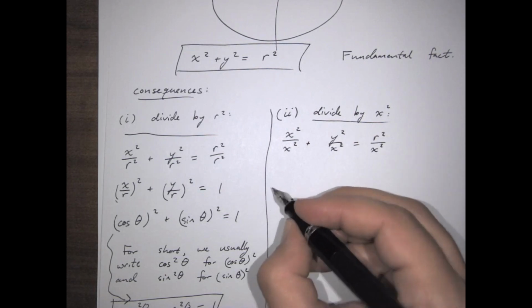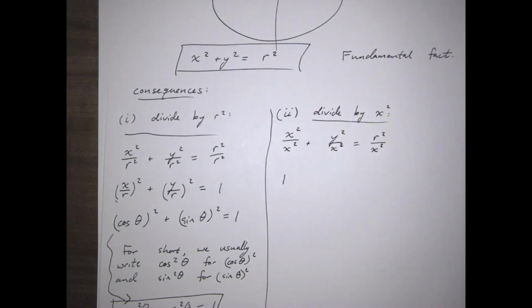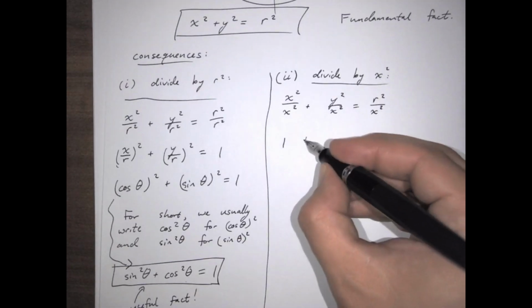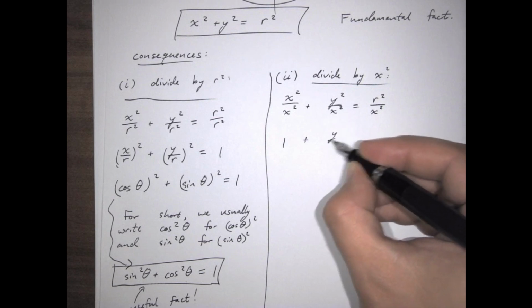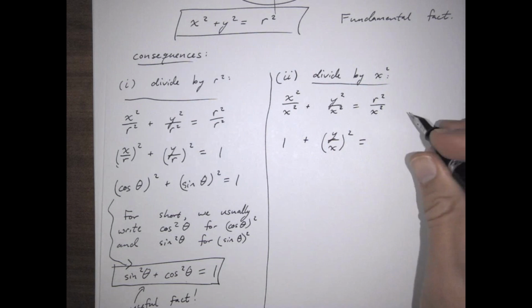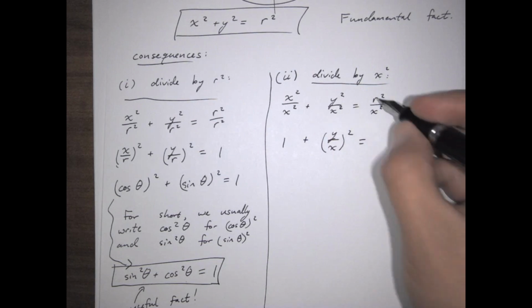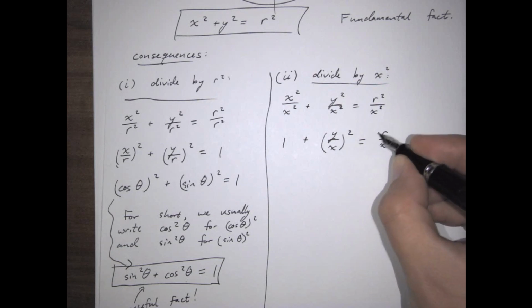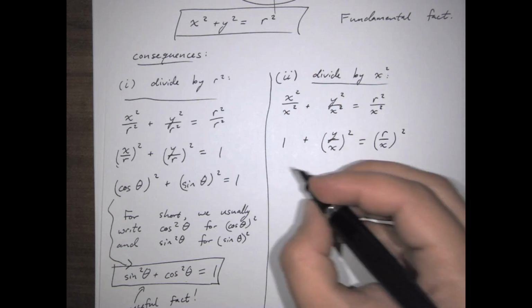Now what's that going to give us? Well, it's just going to be a 1 on the left there. Y over x squared is equal to r over x all squared.